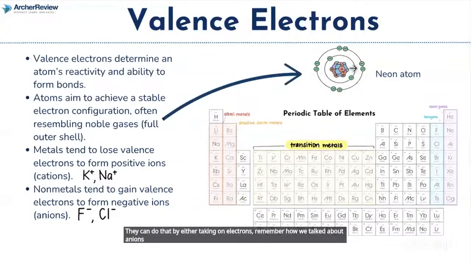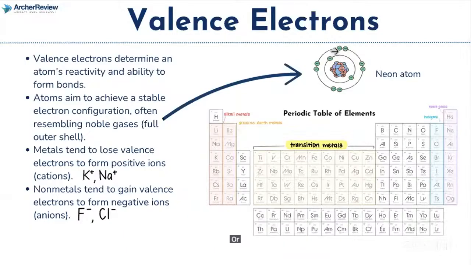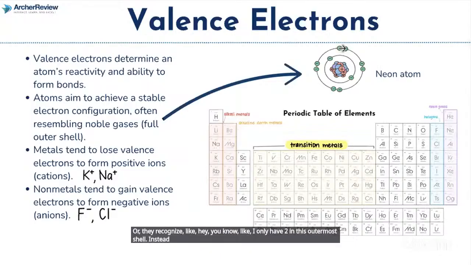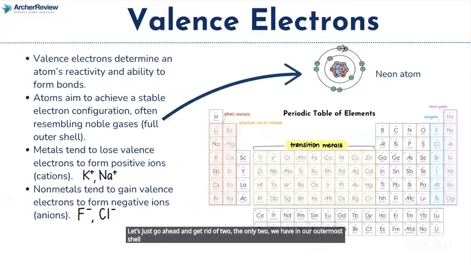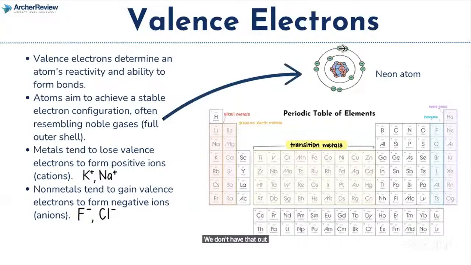Remember how we talked about anions? They're going to take electrons to fill that outermost shell. Or they recognize, hey, I only have 2 in this outermost shell. Instead of getting 6, oh, that sounds exhausting. Let's just go ahead and get rid of the only 2 we have in our outermost shell. And then we don't have that outermost shell anymore.